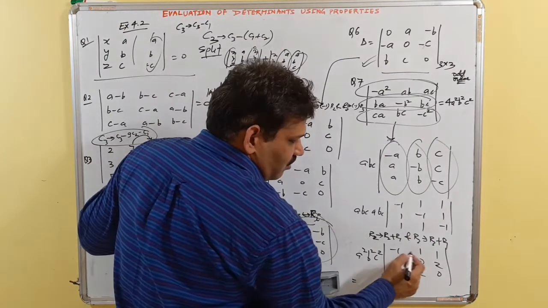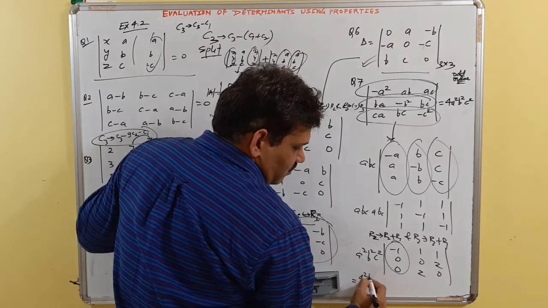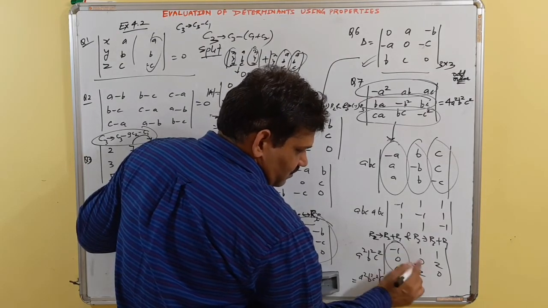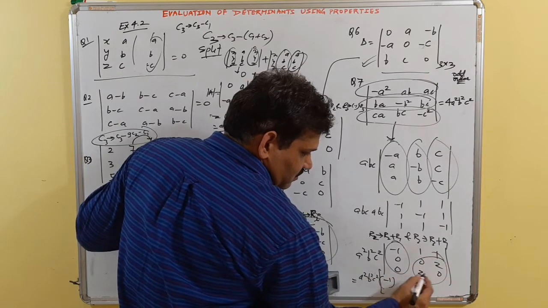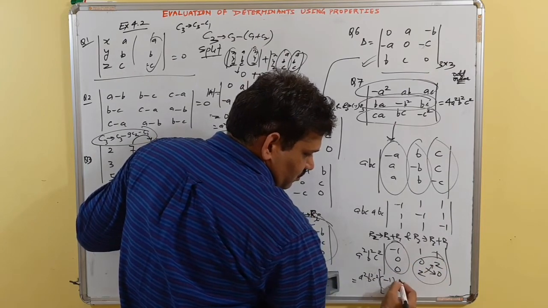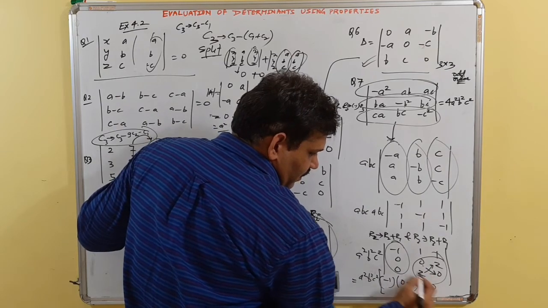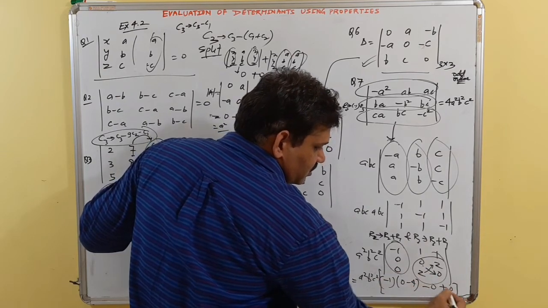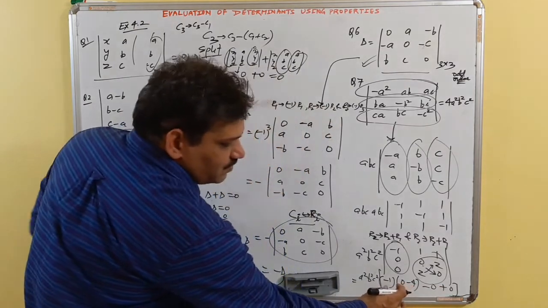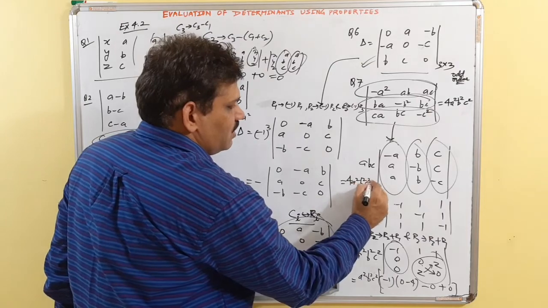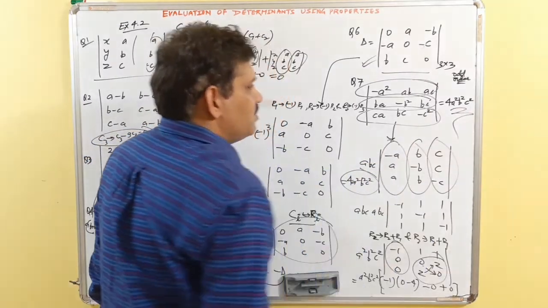Now expanding along the first column, A square, B square, C square into minus 1 times of 0 minus 0 into 2 into 2, so minus 1 into minus 4 is 4. 4A square, B square, C square is the answer.